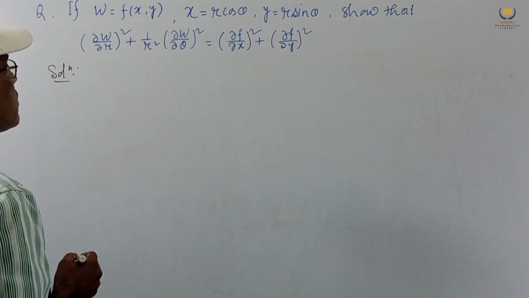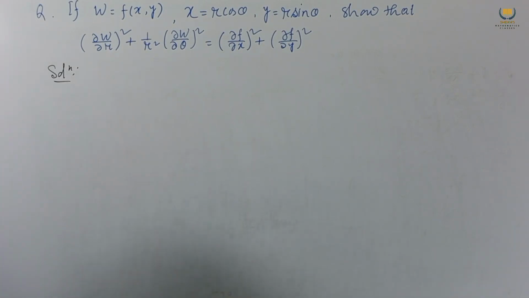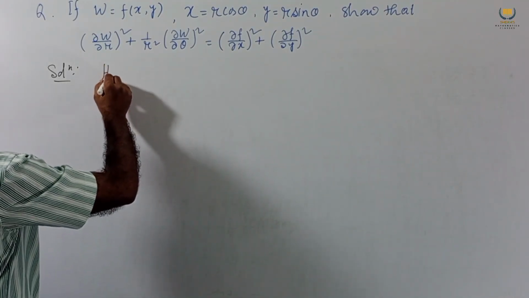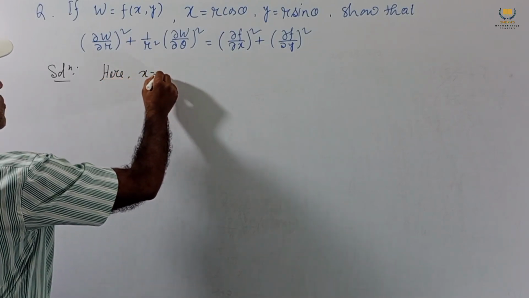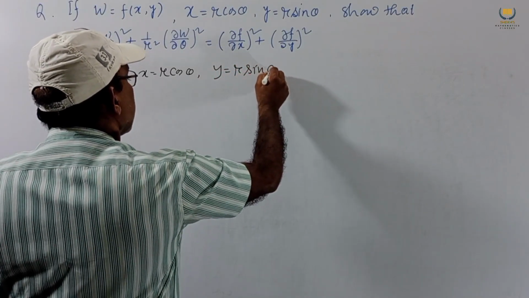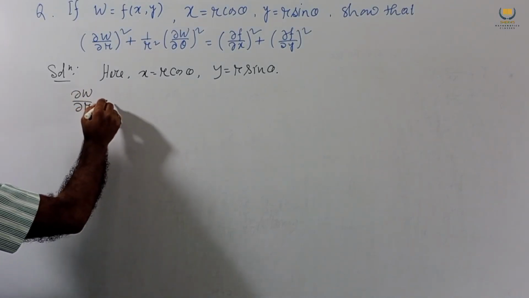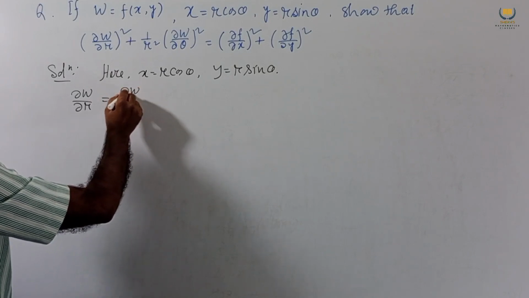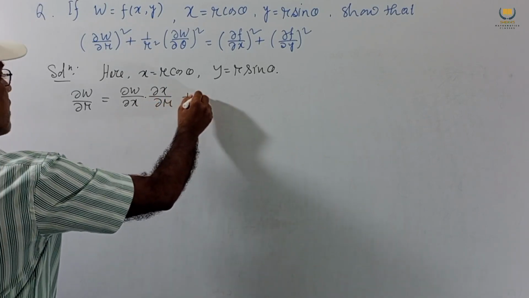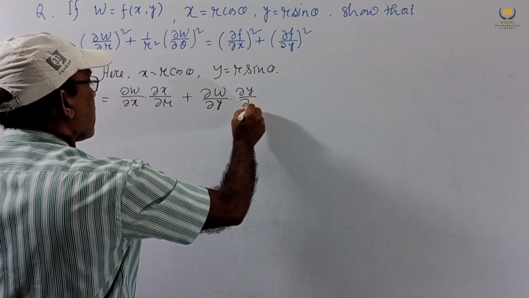So ∂w/∂r we can write. Here given x = r cos θ and y = r sin θ. First you have to find ∂w/∂r. This is equal to ∂w/∂x ∂x/∂r + ∂w/∂y ∂y/∂r.